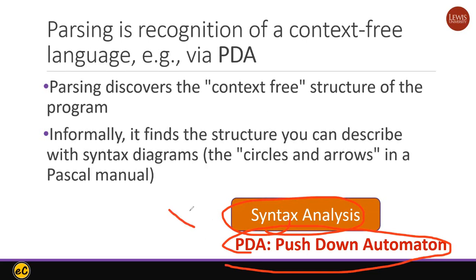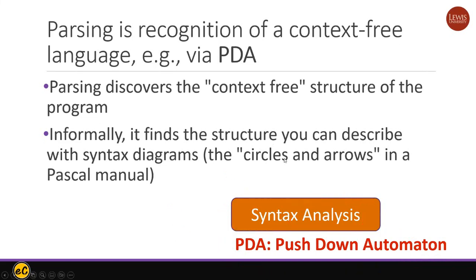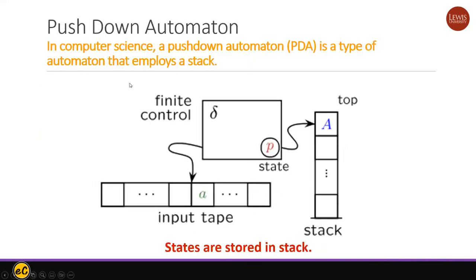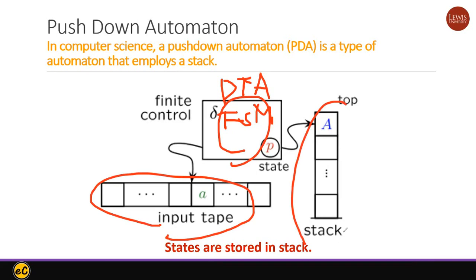This one is another lecture, maybe lecture 11 or maybe lecture 12. There is a syntax analysis lecture, okay? And then it uses a push-down automata. Compared to a finite state machine, which is also a deterministic finite automata, a push-down automata is like you add a stack to it.